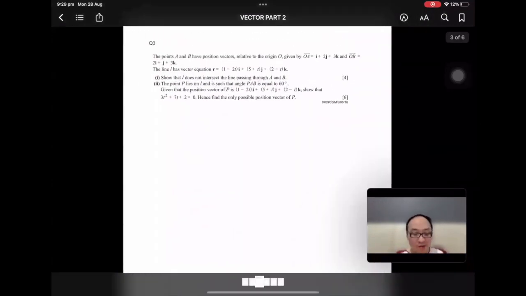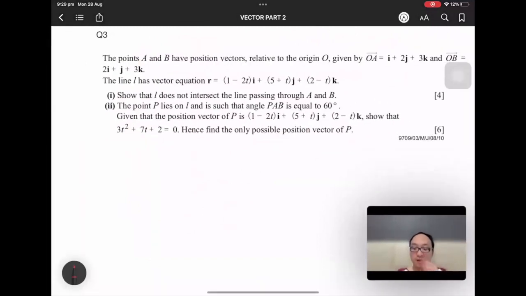Move on to number 3. The points A and B have position vectors relative to the origin O given by OA and OB. The line L has a vector equation.